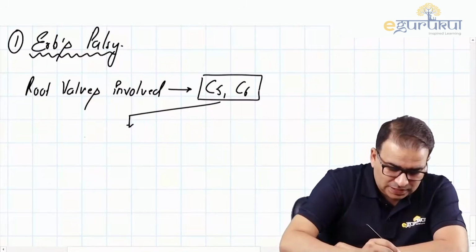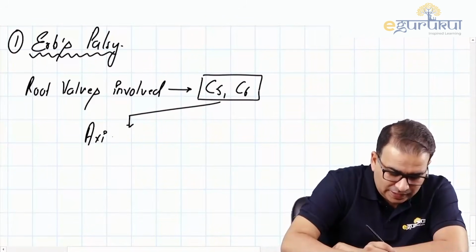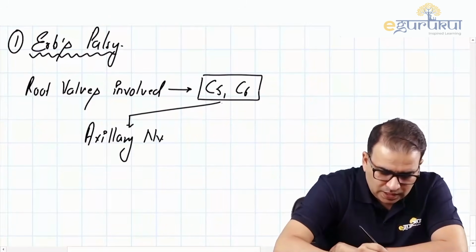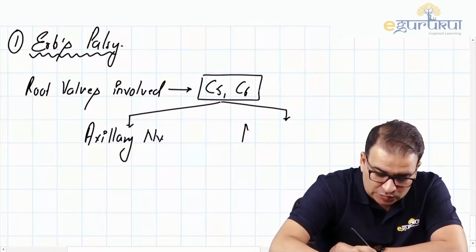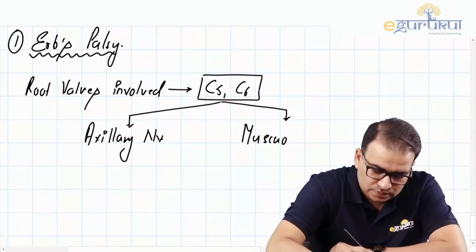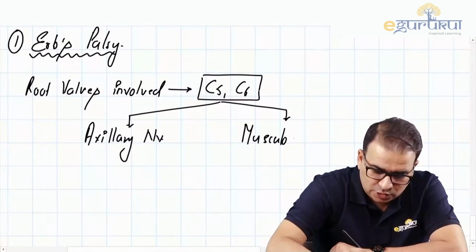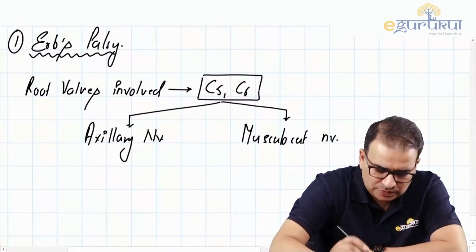C5 and C6 is present in the axillary nerve, and C5 and C6 is also present in the musculocutaneous nerve as well.